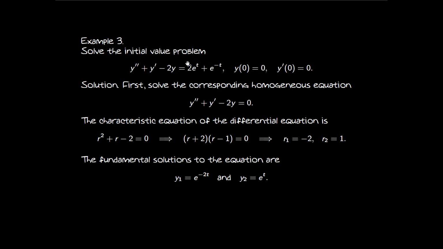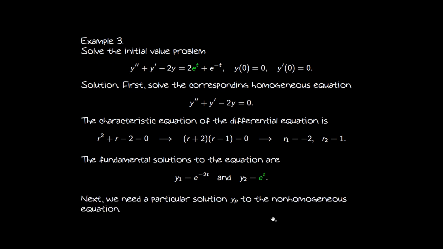Well, for the first term, we notice that this actually is a fundamental solution to the homogeneous case, right? So usually to address this, we have to give an extra t. And for the second term of the right-hand side, this one has nothing to do with fundamental solutions, so we can just use a multiple of it.